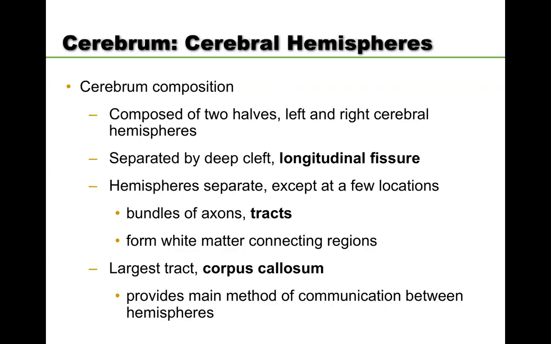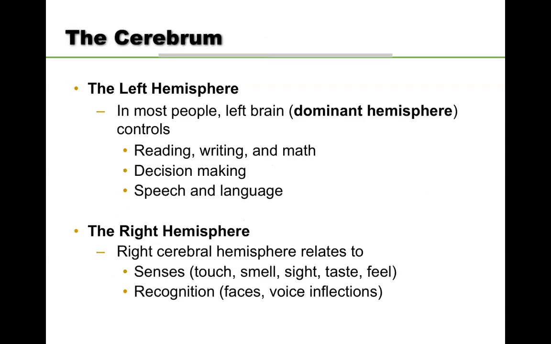It has been seen that the width of the corpus callosum is different between males and females, or between gay individuals, lesbians, and straight individuals. Okay. So now we are trying to understand the two hemispheres. Okay, how do the two hemispheres differ from each other?